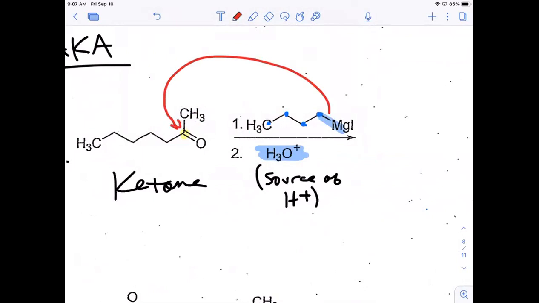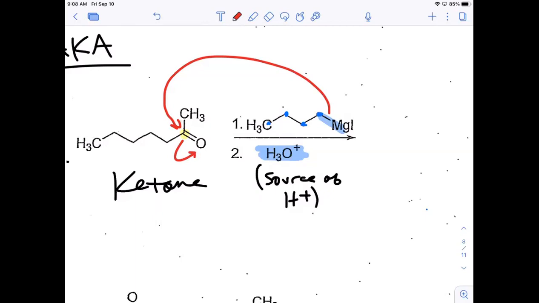And then of course, when that Grignard attacks the carbonyl, that C=O pi bond is going to have to break, right? All of these carbonyl additions work the same way. Anytime you add a nucleophile to a carbonyl, this is the mechanism.